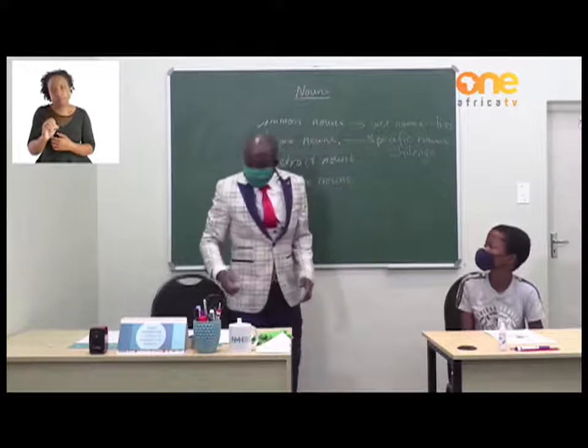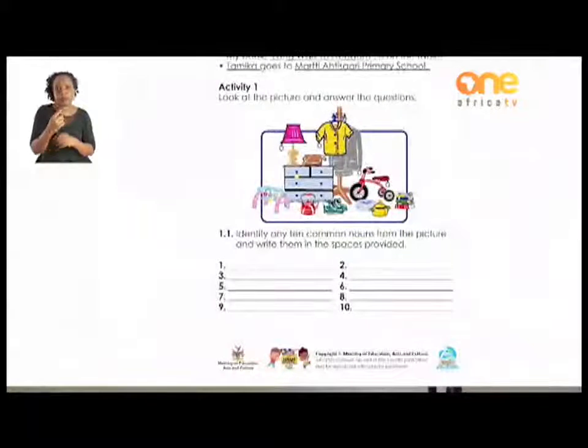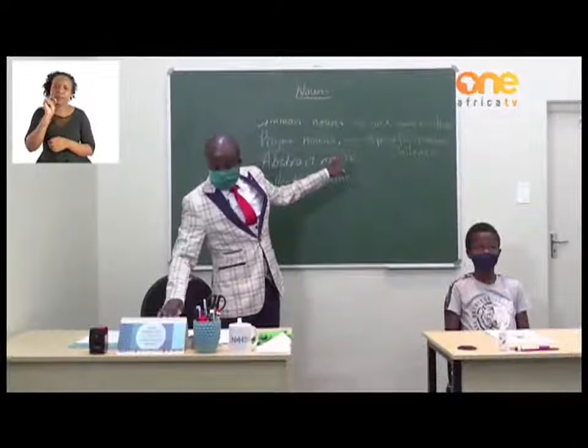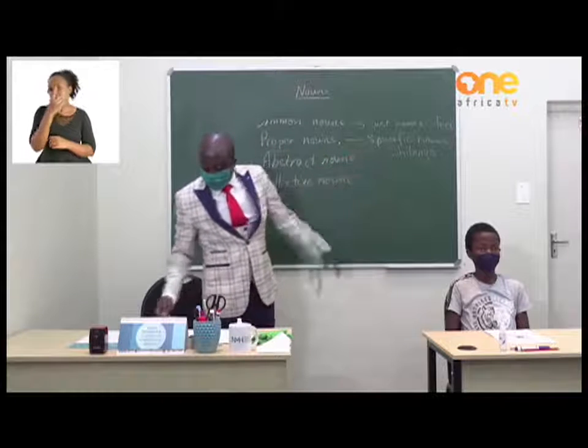All right. Now, activity 1 says, look at the picture and answer the questions. There are some pictures there. Question number 1 says, identify any 10 common nouns from the picture and write them in spaces provided. We are only looking at common nouns from the pictures, not proper nouns.